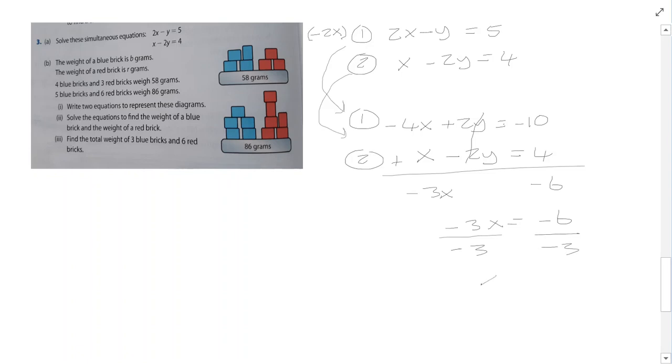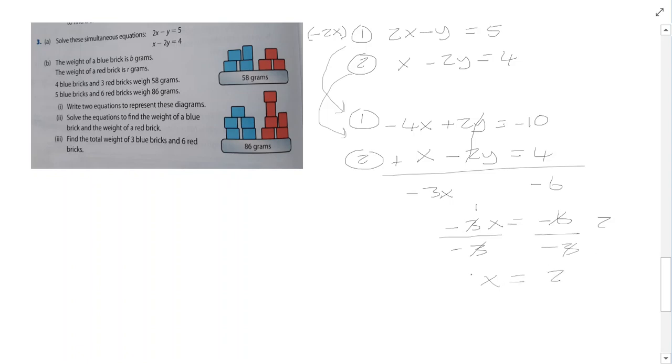So x will be equal to, minus 3 into minus 3 goes once, plus 1, and minus 3 into minus 6 goes 2 times, plus 2. Remember the rule: like signs give plus, unlike signs give minus when you're multiplying or dividing integers. So x is equal to 2.